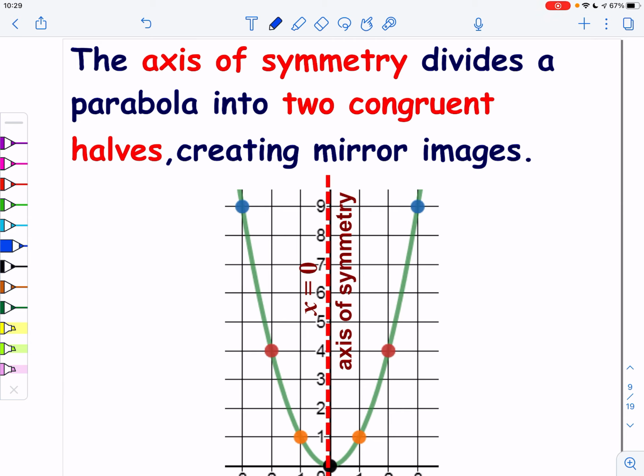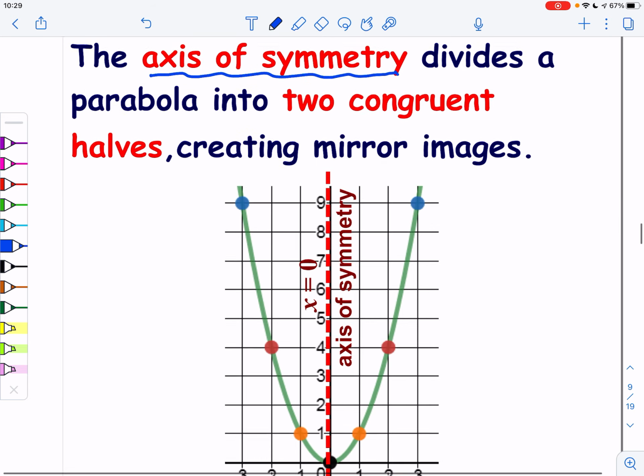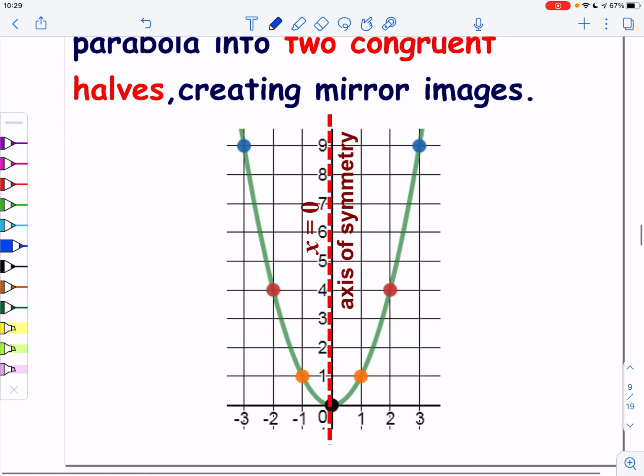The axis of symmetry, as the name suggests, also divides a parabola into two congruent parts, creating mirror images. So this side will look exactly the same as this side.